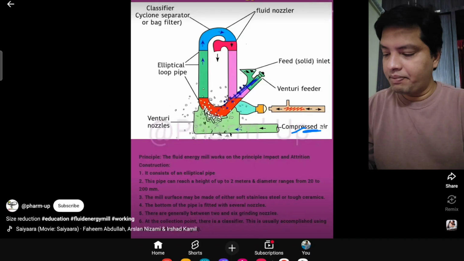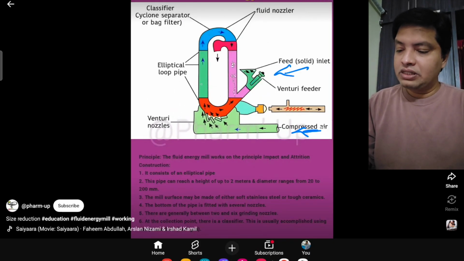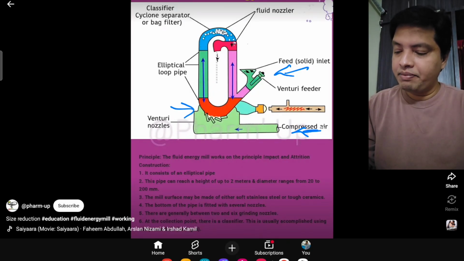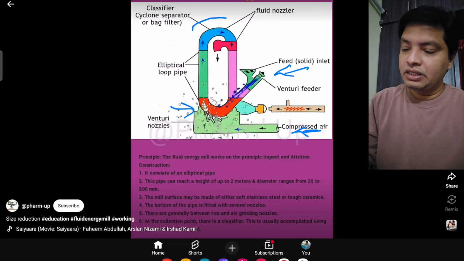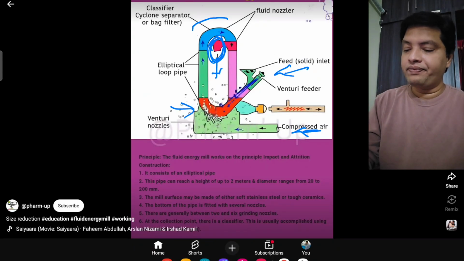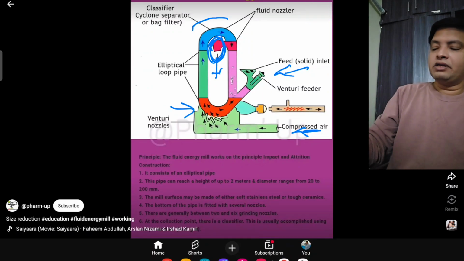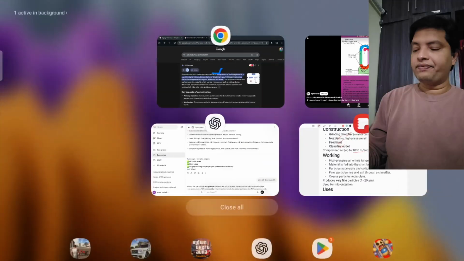Here the feed is there. After the particles collide, in this chamber the size reduction will happen. Once the particles rise and come to this point, all the small particles will come out, and you can remove the small particles from there. Continuously this operation will be going on. That's what it is.